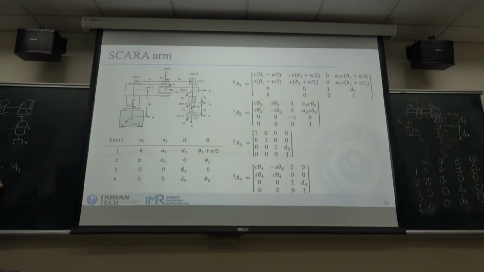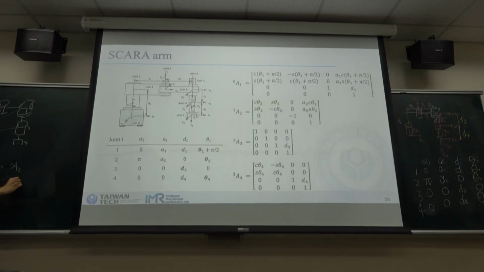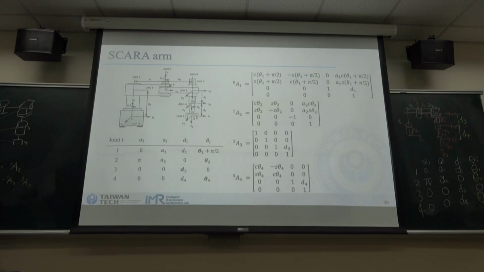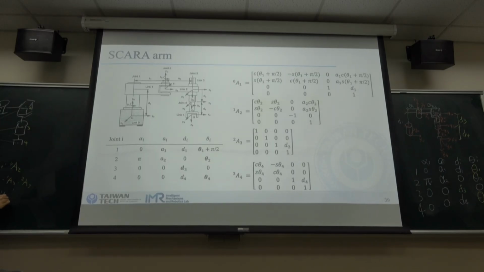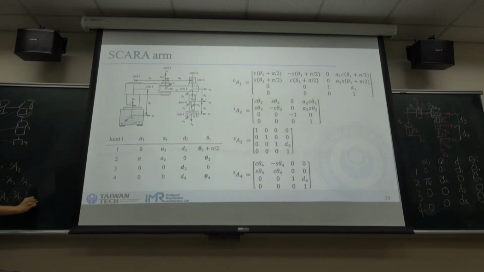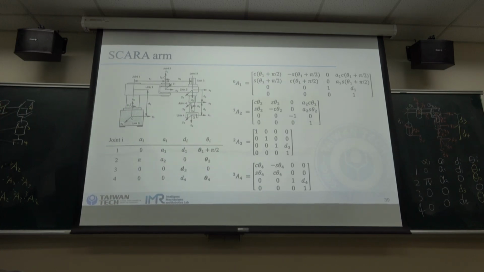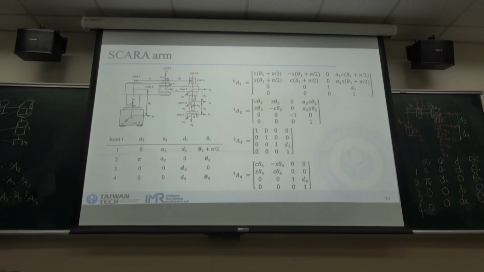So it depends on which joints you want to find the position or the rotation. You can choose the transformation matrices you want to multiply.